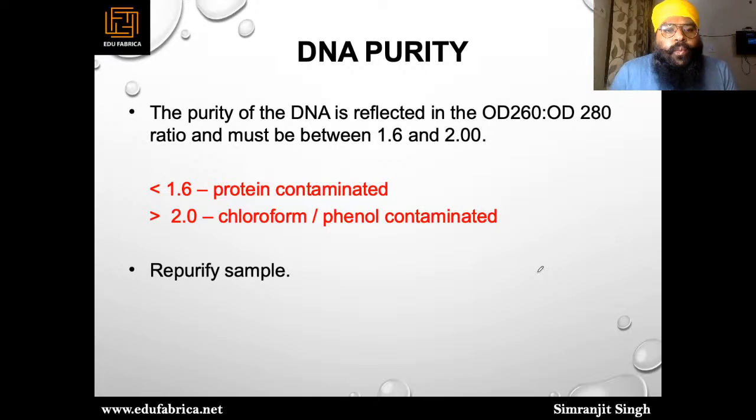If it is more than 2.0, it's chloroform or phenol contamination, and you need to re-purify your sample. So lots of patience, lots of determination, and full strength towards your goal are the three keys to making your protocol successful.